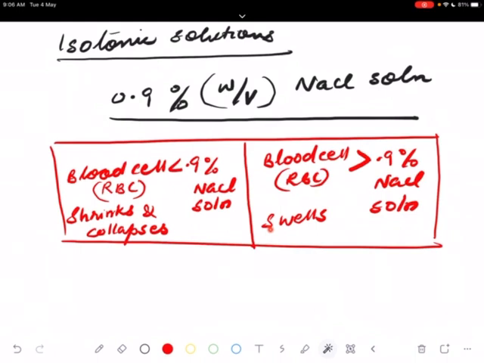It is safe to inject such solution intravenously. So no swelling, no collapsing will be taking place. So these isotonic solutions can be injected to our blood cells.